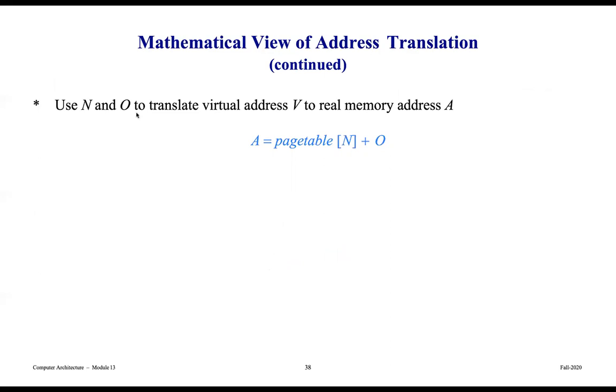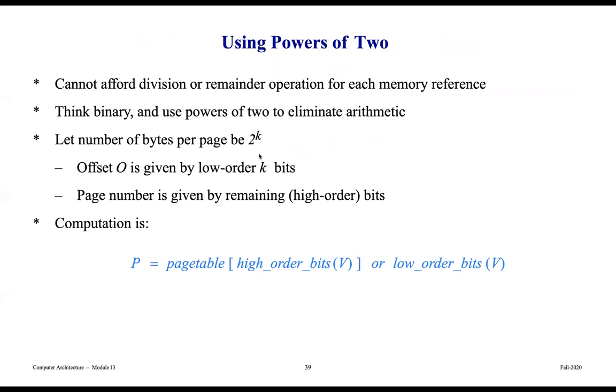So we use N and O to translate the virtual memory address V to a real memory address. And so this is how we come up with that. Within the page table, we go to N, and then there's an offset O, and then we have the real memory address.